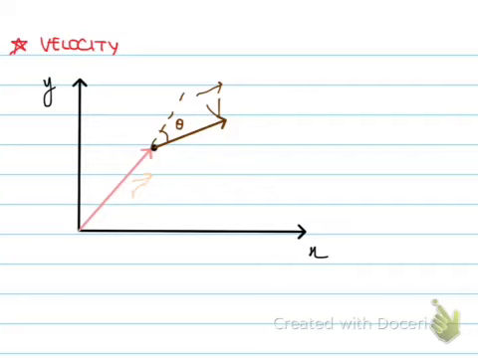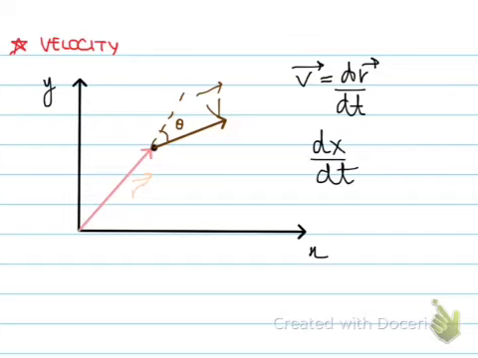If you have learned calculus, then you must have done various types of questions in which velocity and displacement are used, and we know that v vector is dr vector by dt, where dx by dt denotes the change of x with respect to time, or more precisely, the instantaneous change of x with respect to time, and that is instantaneous velocity. If we consider average velocity, then it would be delta r vector by delta t.